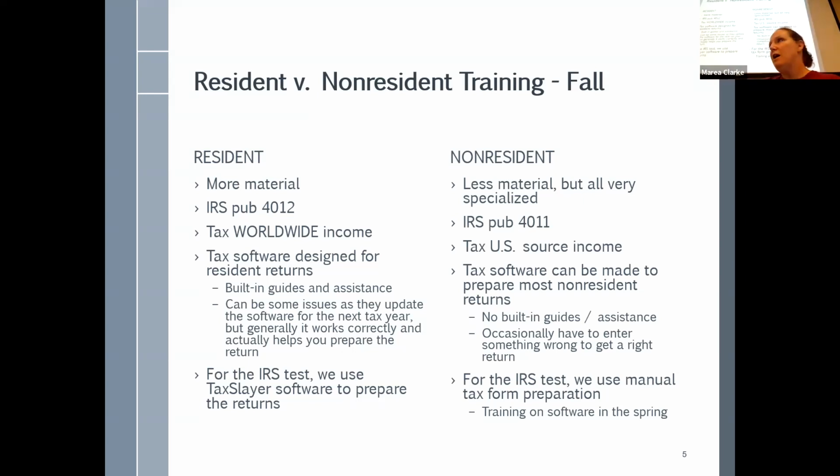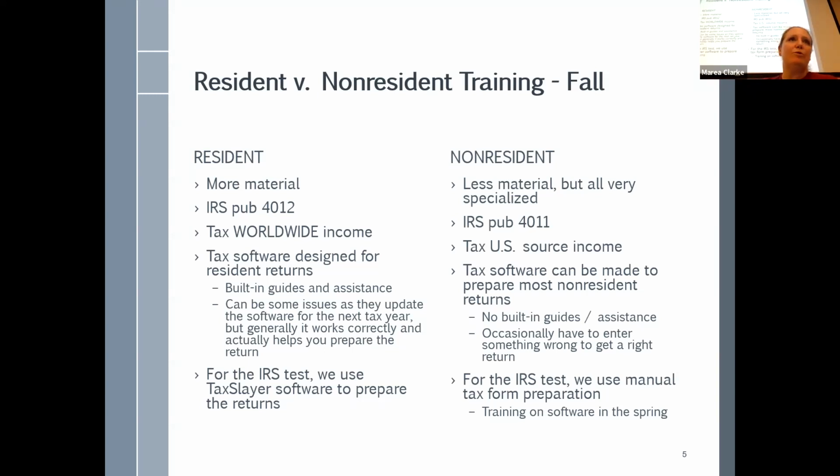However, for non-residents, for the IRS test, we do not try to teach the software. We just do it by hand. You don't have to do huge amounts of calculations to do the non-resident return. You would spend more time trying to fight the software to get a correct return, when really what you need to learn is the tax law and what a proper return looks like.